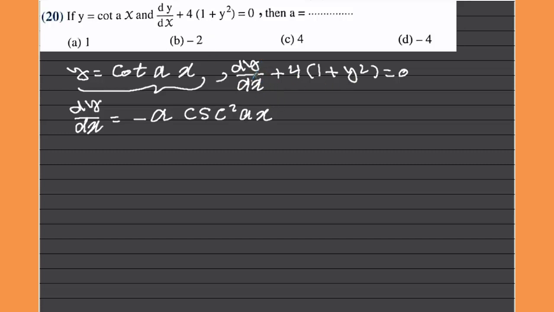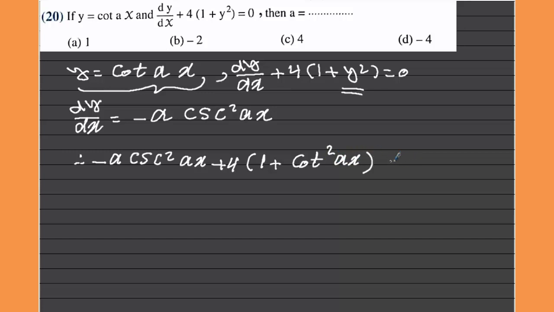Here we have dy/dx equals negative a cosec square ax plus 4 multiply 1 plus y square, and we have y equals cotan ax. So we write cotan square ax. Of course it is equal to 0.